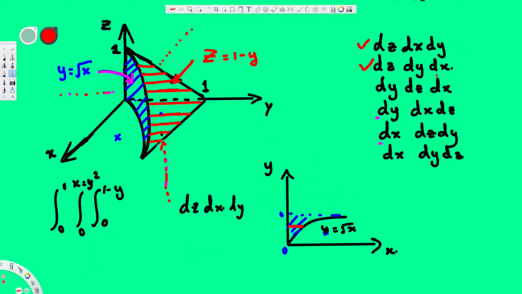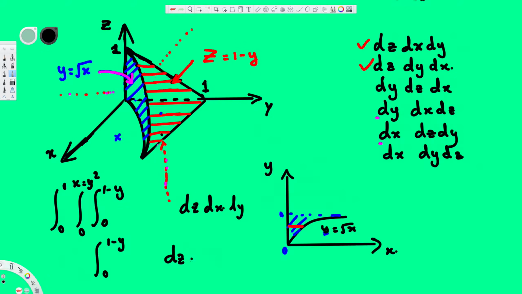dz, dy, dx. For dz, we have already seen the limits of integration. This is going to be the same thing, so we can just copy that down, 0 to 1 minus y. That's our dz. After that we are going to do the integration with respect to y.